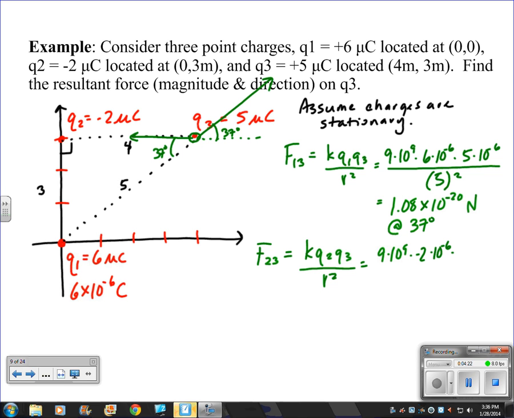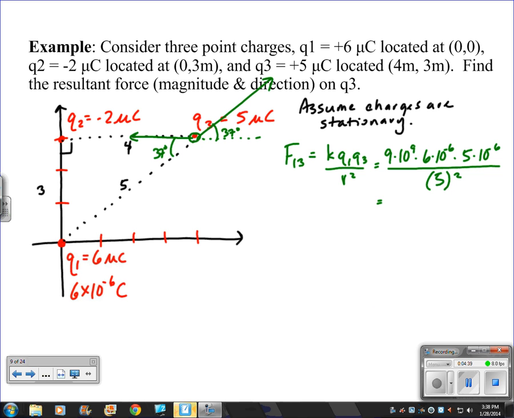Q3, 5 times 10 to the negative 6th. And that distance then is 4. And when I compute that value, I get negative 0.0108, and that is at 37 degrees.